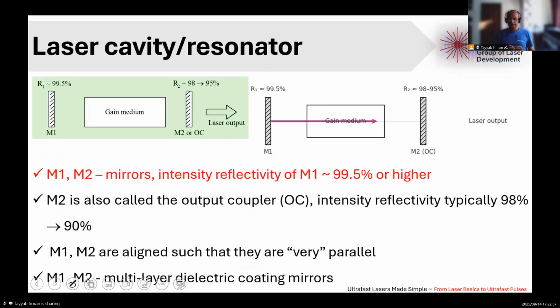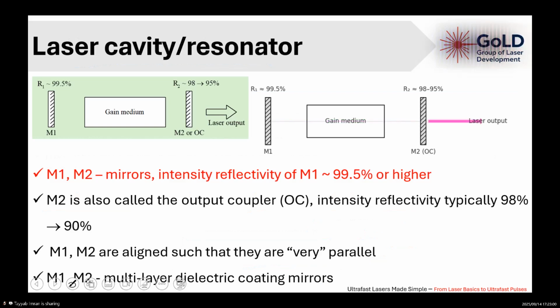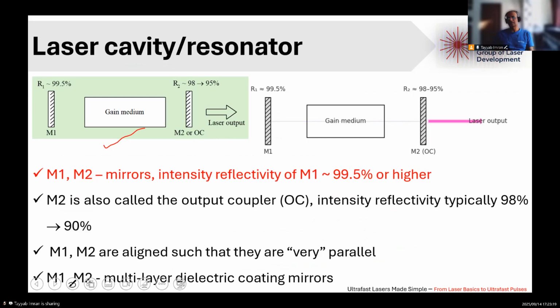It's also called a cavity, it's also called a resonator. It depends, but both are okay to say. Now you can see on this slide, on the left side, a simple figure that shows M1, M2, mirror 1, mirror 2, and this one is the mirror where we check the output, called OC, the output coupler.